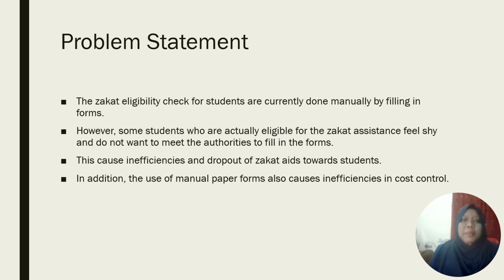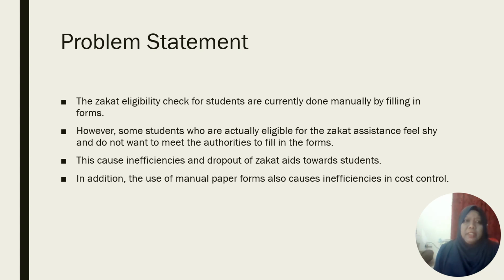Okay, problem statement. The ZAKAT eligibility check for the students is currently done by the SSSU HEPA manually by filling in the forms provided to the students. However, some students are feeling shy to come to the office, but they are actually eligible for the ZAKAT assistance.